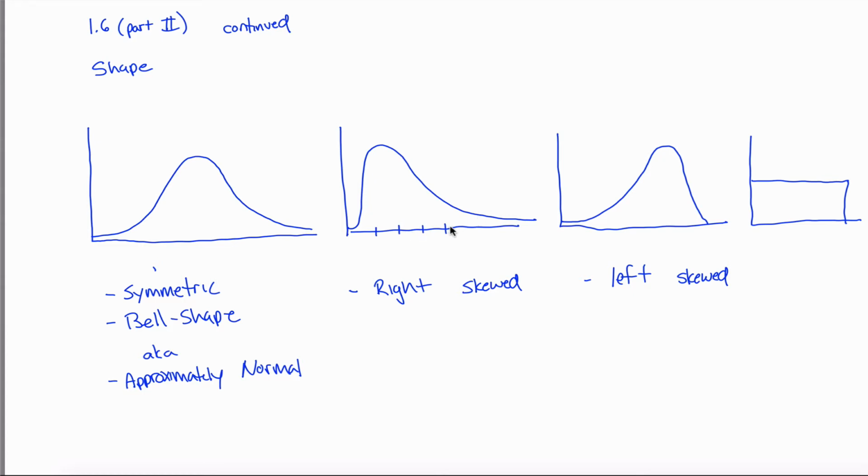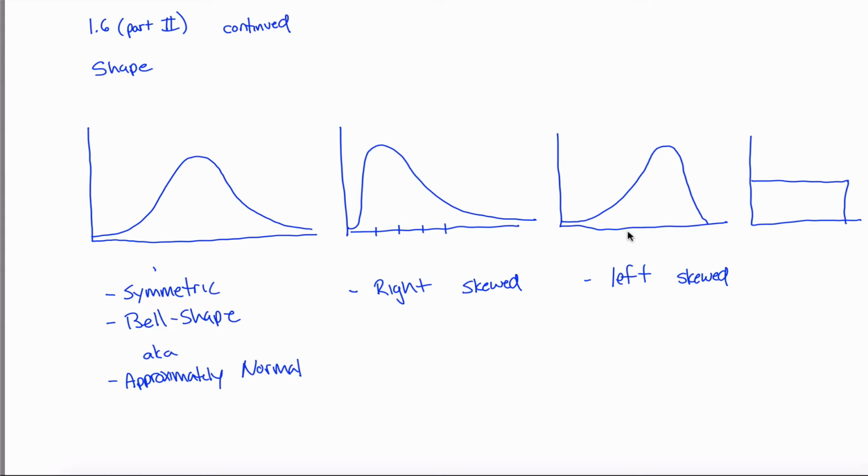There's probably people that graduate SOU in their 80s, right? Most people are between 20 and 25, but some are way out here to the right. You don't see anyone graduating SOU at 3 years old. I don't have a tail to the left. Most of my observations are on the left, but there's this big tail out to the right. So the age that you graduate college could be something, for college graduates, that shows up over here. That's probably enough examples, but maybe I'll move on to left skewed.